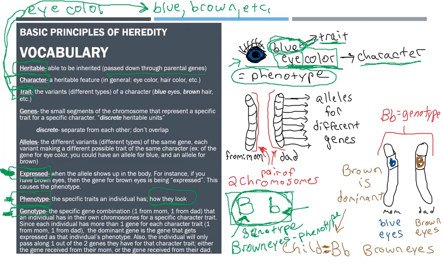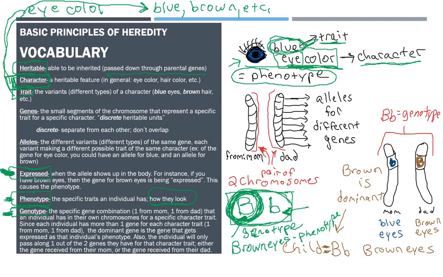So the genotype is the specific gene combination, one from mom and one from dad, that an individual has in their own chromosomes for a specific character. And remember, character is like eye color. And the dominant gene, so in this case, the brown eyes, the capital B, dominant genes are always represented by capital letters.